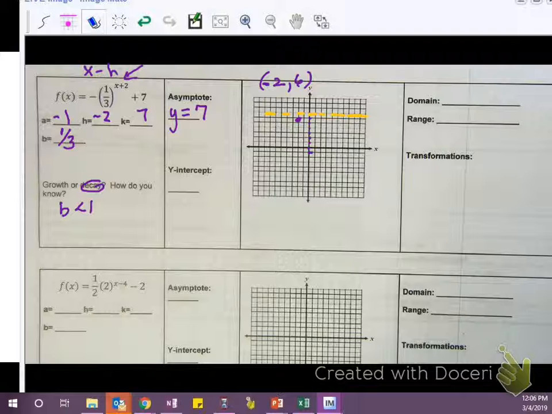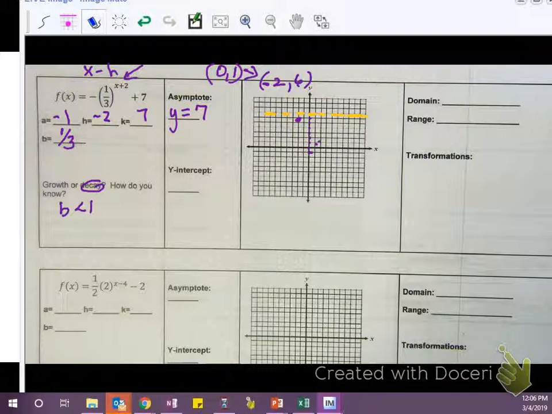So what was (0, 1) became (-2, 6). Our other value was 1 comma the base, which is 1/3. It's also reflected across the x-axis, moved up 7 and left 2.